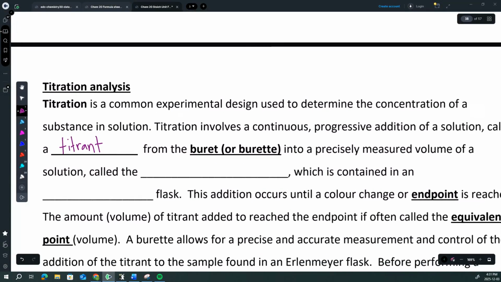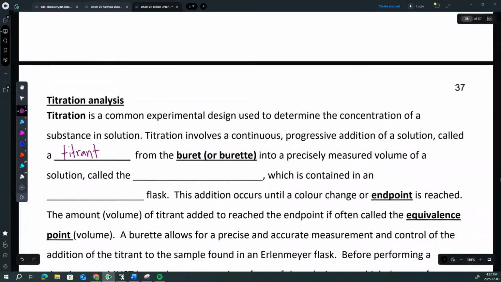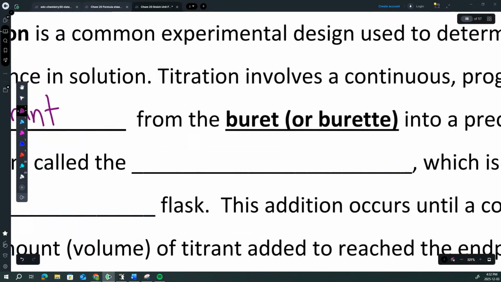Which is coming from the burette. And it goes into a precisely measured volume of a solution, which is called either the sample or the analyte, which is your solution that you don't know the concentration of.